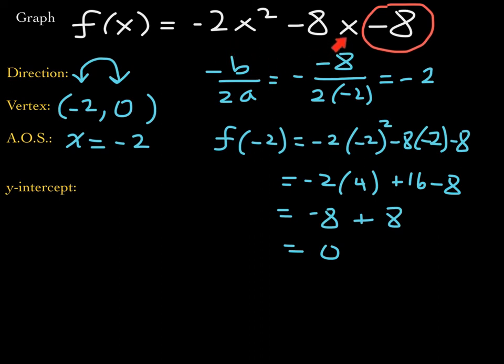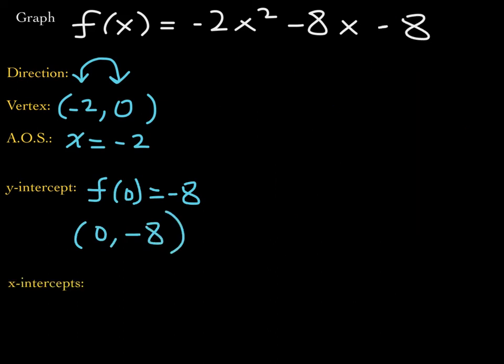You'll see that if x is 0, both of these variable terms will turn to 0 and leave you with just negative 8. So I can write it like this: f of 0, if you plug 0 in for x, all you'll be left with is negative 8. So the y-intercept is (0, -8).